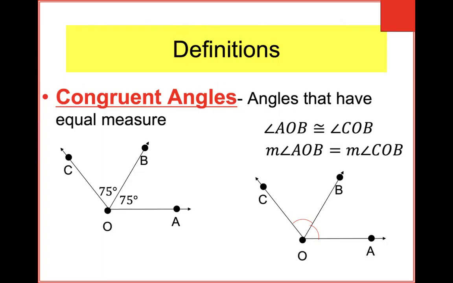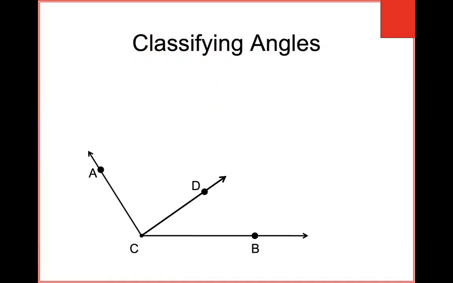If I were to put two arcs on COB, then it would only be equal to another angle that had two arcs. We won't see it today, but we'll see it as we move into the book. They'll use one arc, two arcs, and sometimes even three arcs. It gets very messy. So those two angles are equal because the two angles are congruent.